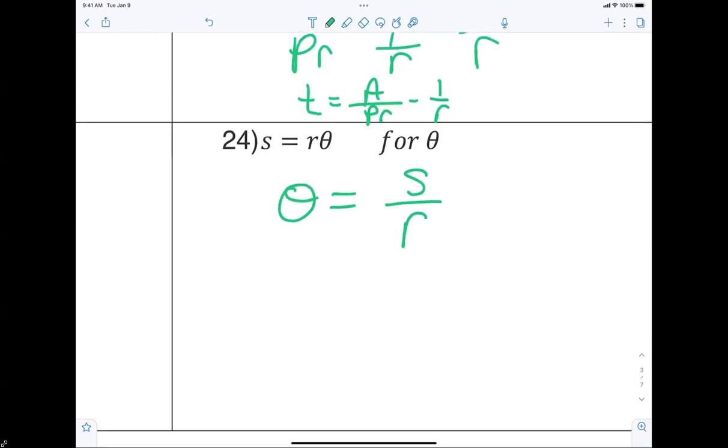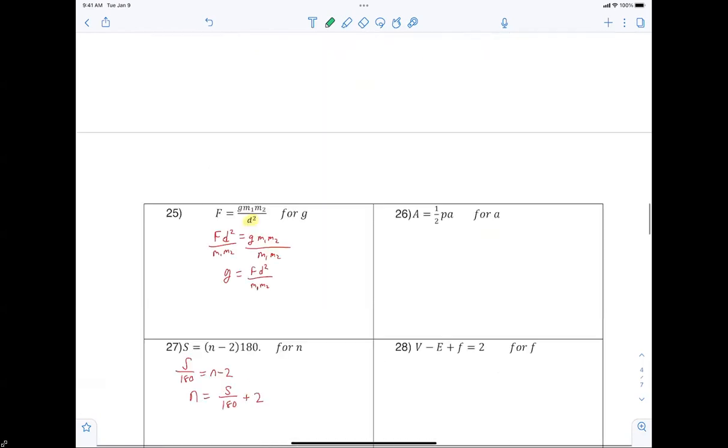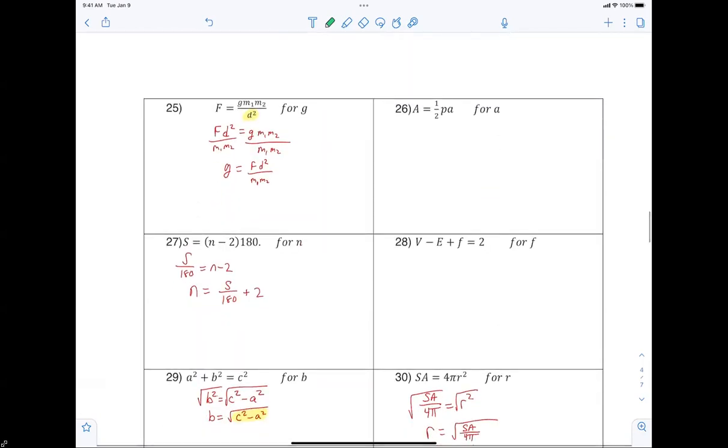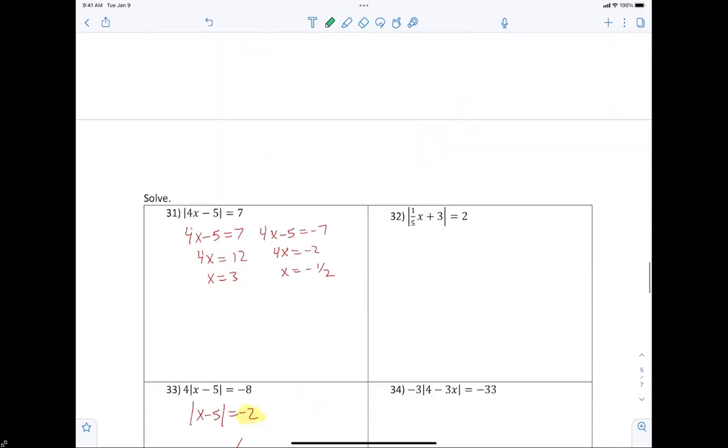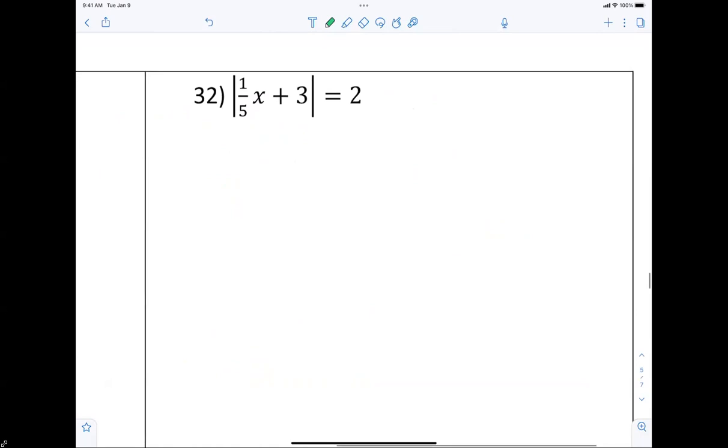All right. All right, so I'm pretty happy with that. All right, now let's go down a little bit. And I'd like to do a couple absolute values just to remind us. All right, so anytime you have absolute value, you're gonna have how many solutions? Two.